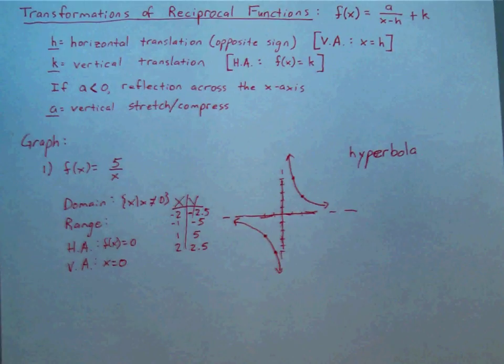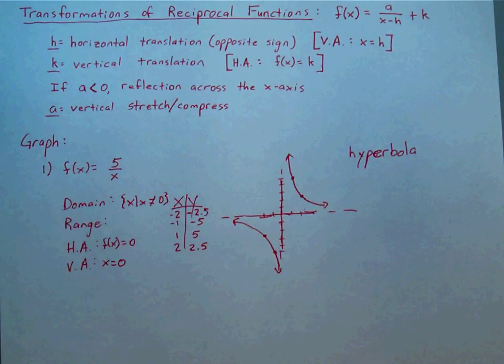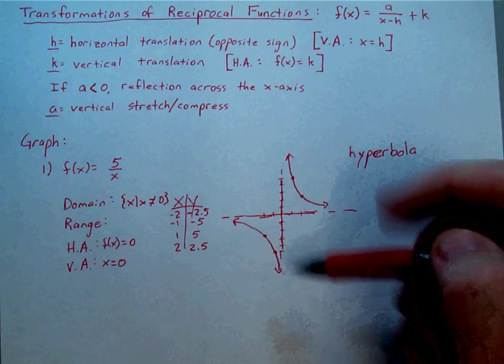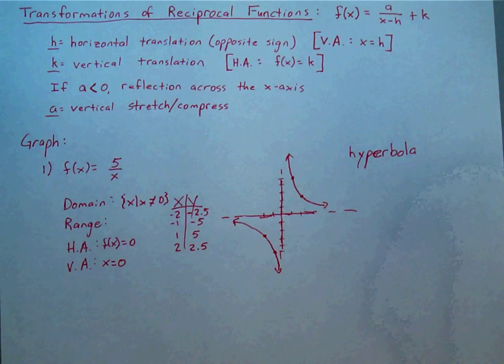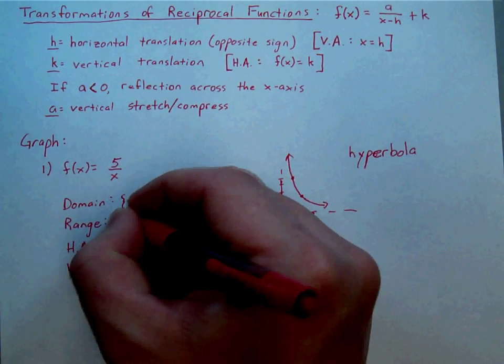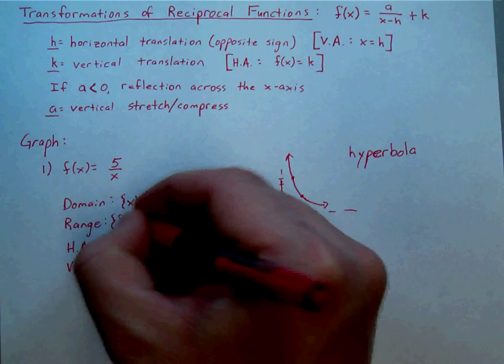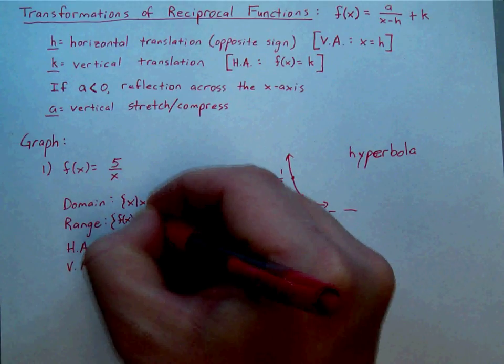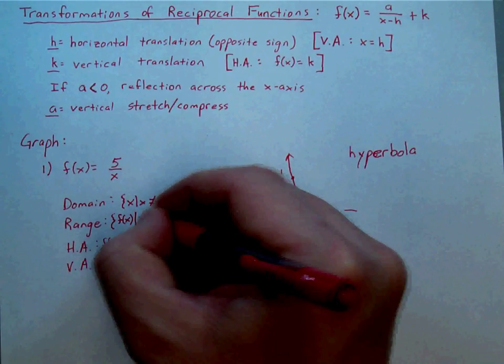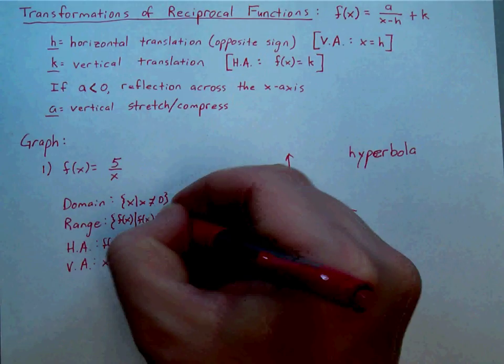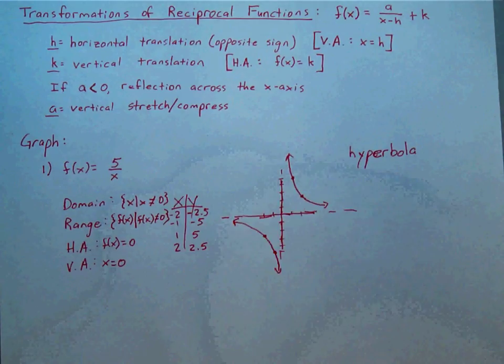The two branches will be in opposite quadrants. So my range then, my y or my f of x can be everything except for that value, except for the 0. So if I use this bracket notation, I'll say f of x, but f of x cannot be 0.